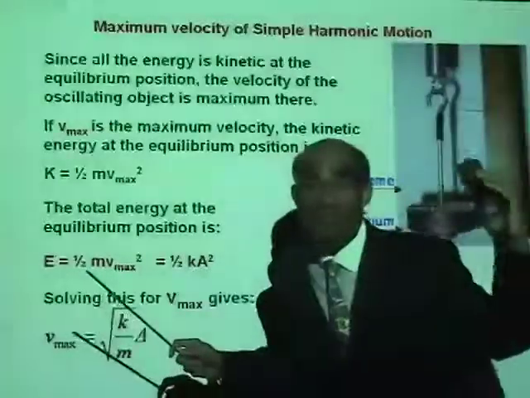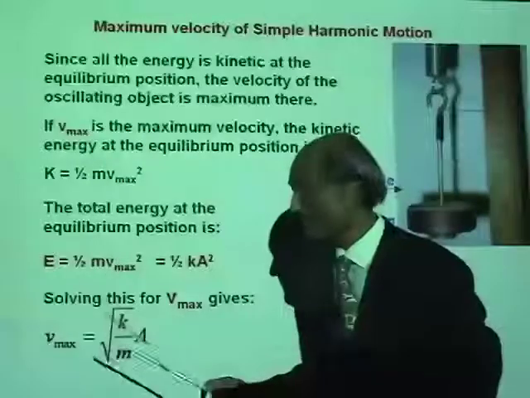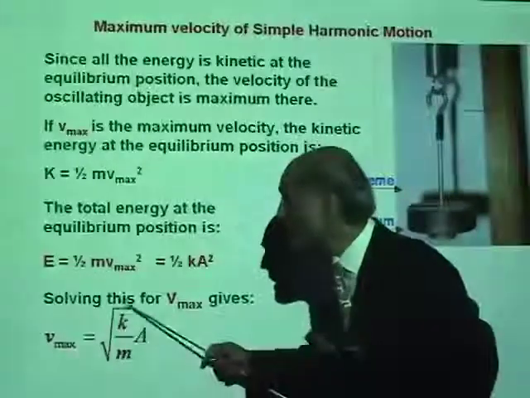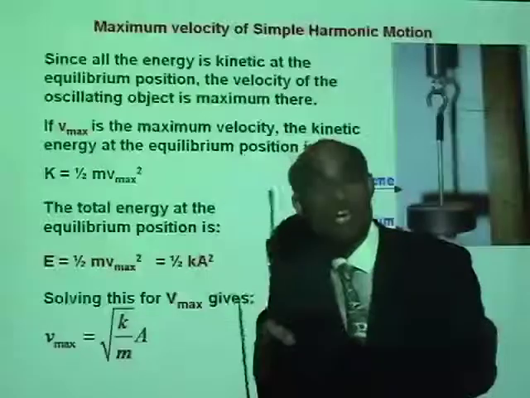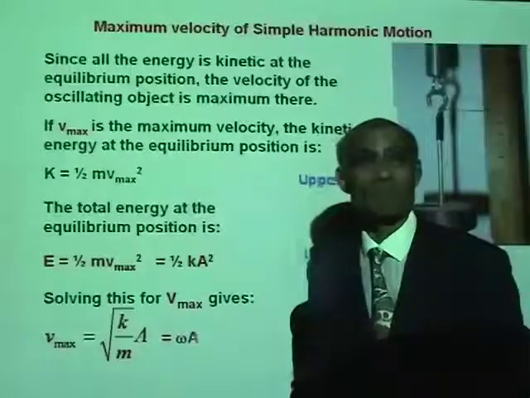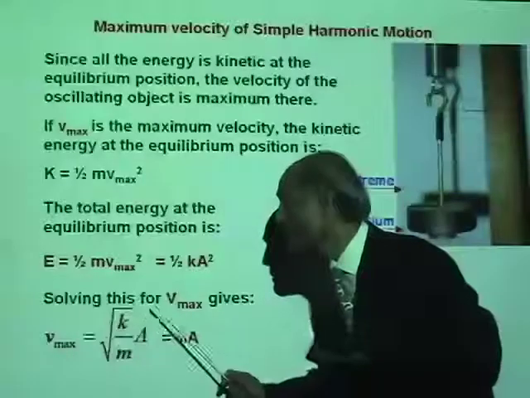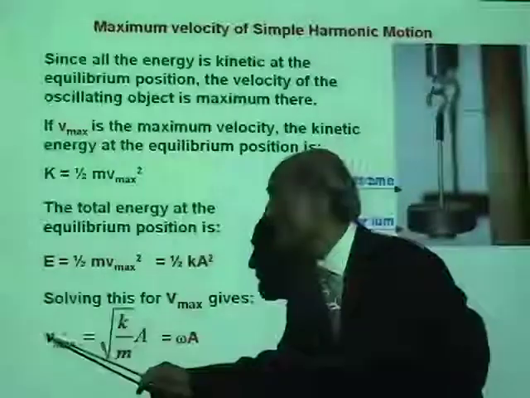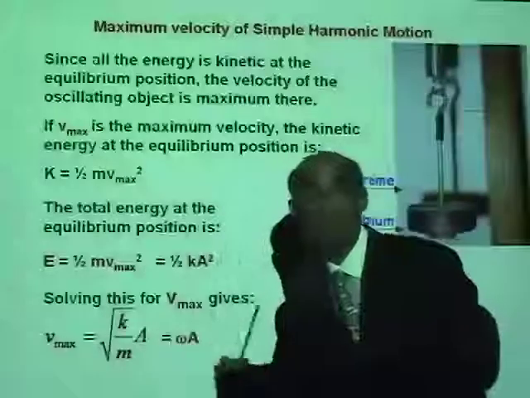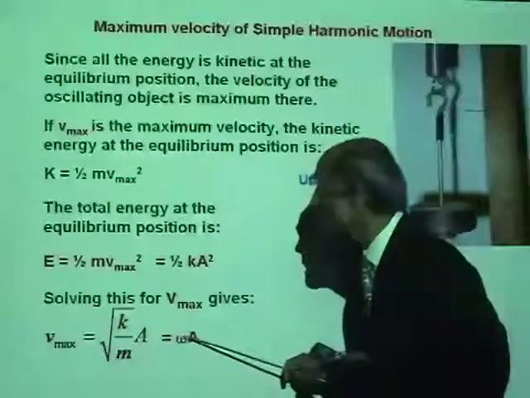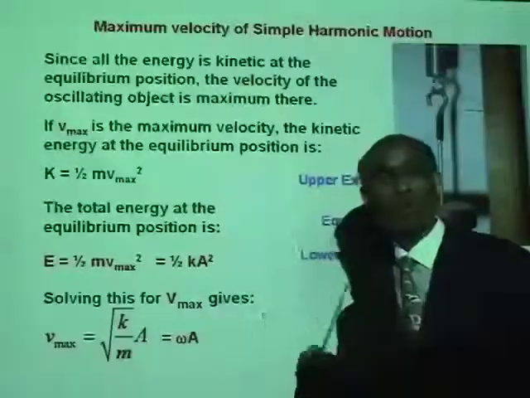Now, please go back and refer. It will be there. Square root of k over m is the same as omega. So replacing square root k over m by omega, we get v max, the maximum velocity, is omega A. That's a very important equation.